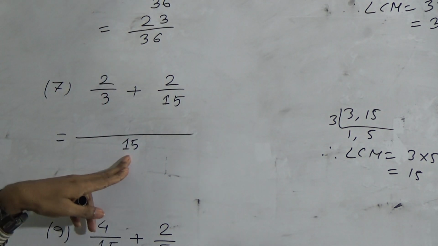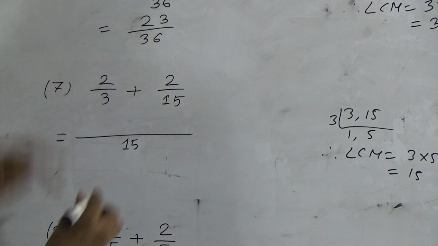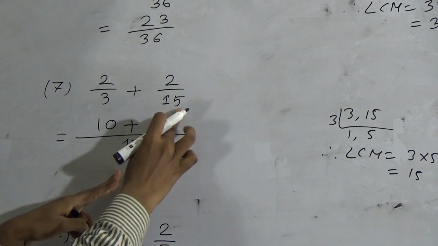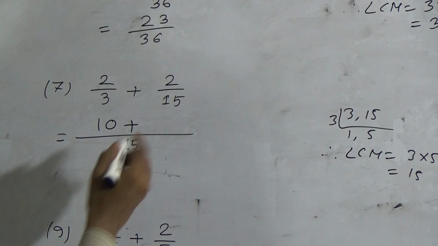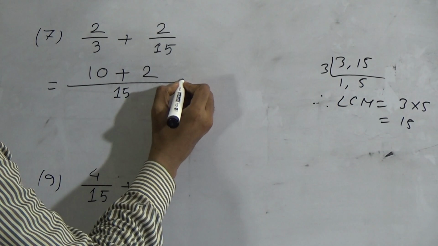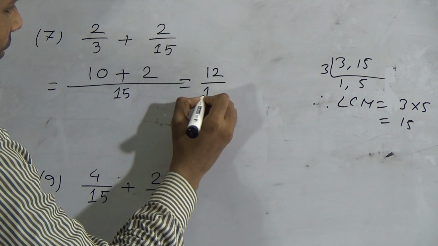Now divide 15 by 3. Then you get what? 5. Now 5 into 2 is 10. Similarly, divide this 15 by 15, then you get 1. 1 into 2 equal to what? 2. Now this is equal to what? 12 by 15.